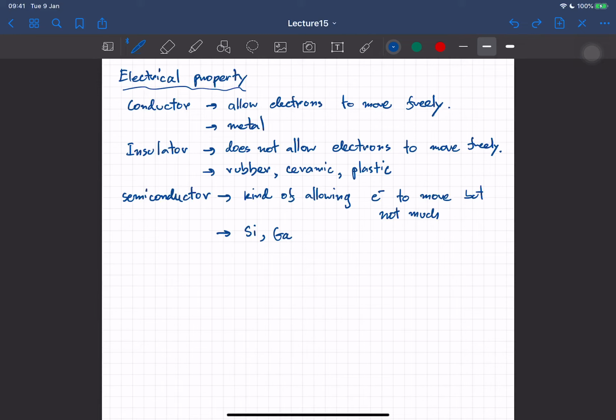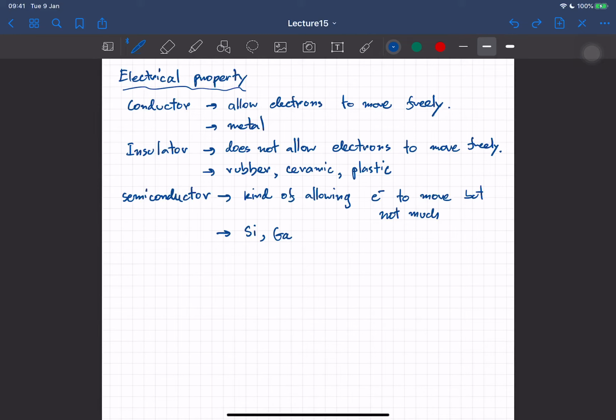So just briefly, what is so important about semiconductors? Well, the fact that it allows electrons to move, but not much, means that we can control how much the electrons move very easily. Sometimes we want that. So think about a conductor.